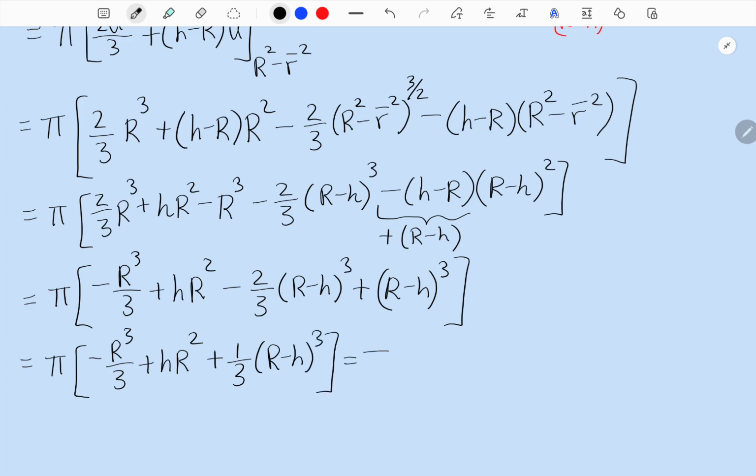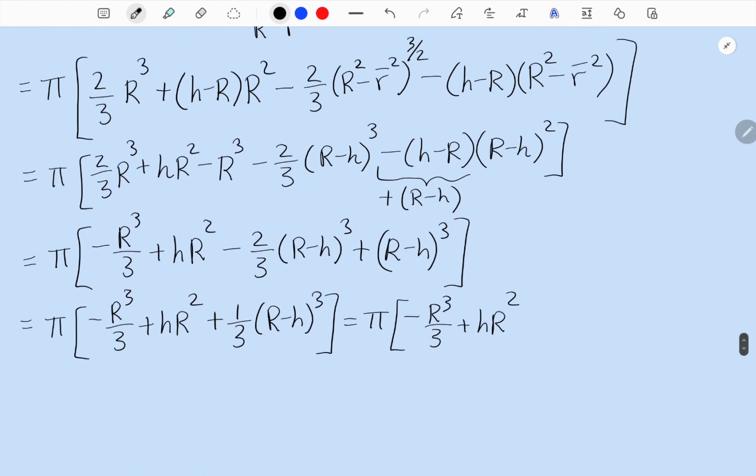So now this is equal to pi multiplied by, so minus r cubed over 3 plus h r squared plus, and then expand r minus h cubed is r cubed minus 3 r squared h plus 3 r h squared minus h cubed, everything over 3.